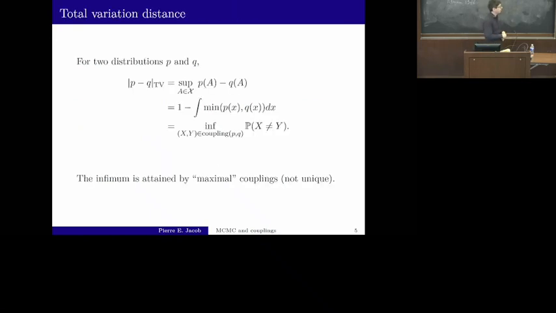So for two distributions, we looked at TV before. There are different equivalent representations, and in particular, the one based on coupling, infimum over all couplings of the probability of them being different. Okay, so it turns out that this infimum is attained by what's called the maximal coupling, which may not be unique. We're going to look at a few.